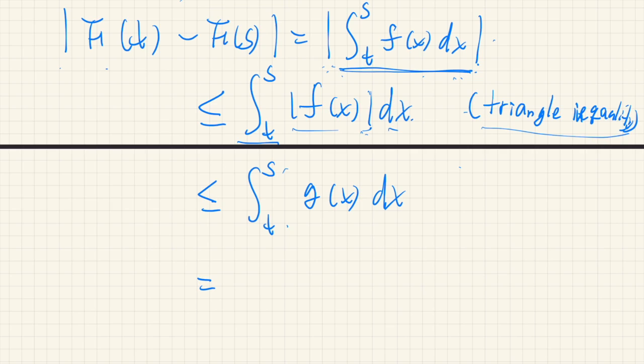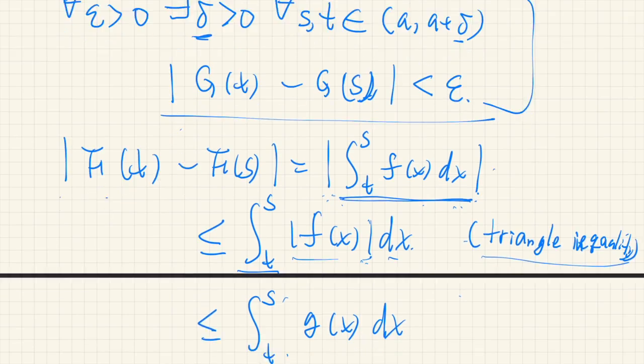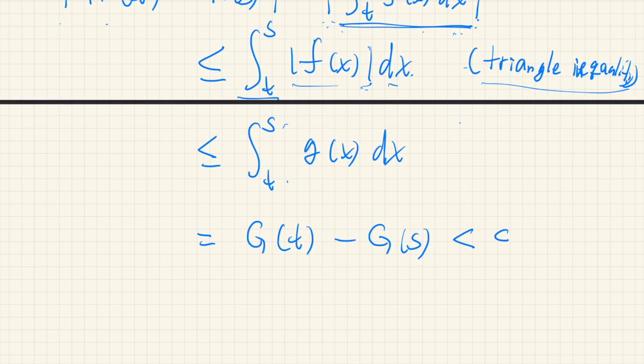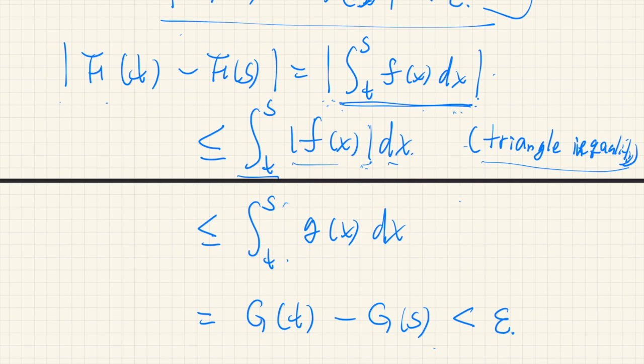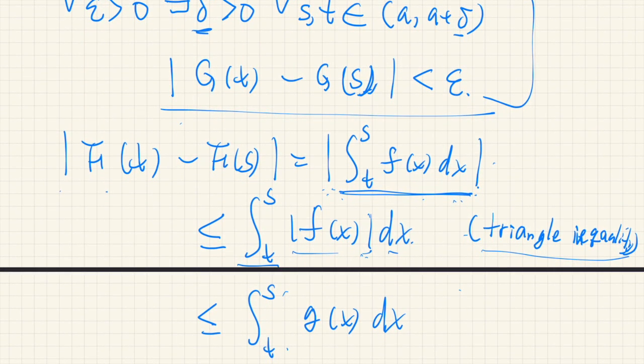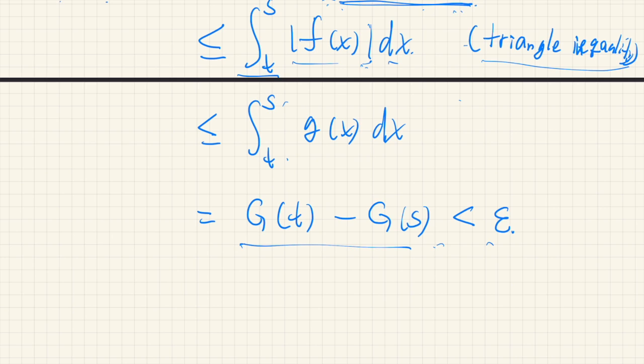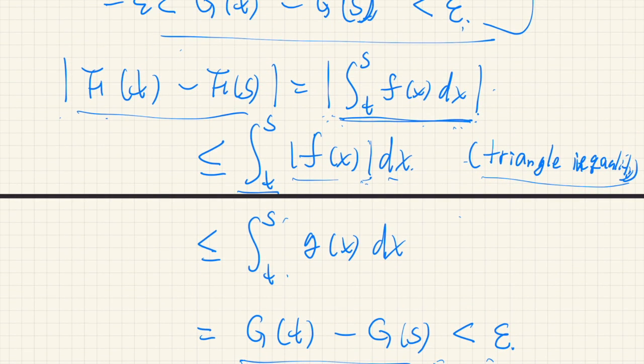But this is equal to the difference G of t minus G of s, which is less than epsilon. We can get the absolute value out here because from here we can say that this difference is between negative epsilon and positive epsilon. So in any case, this is less than epsilon. That means this difference is less than epsilon.